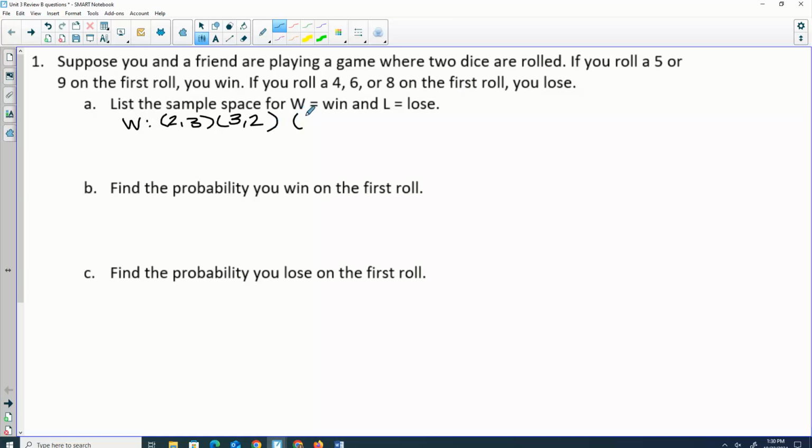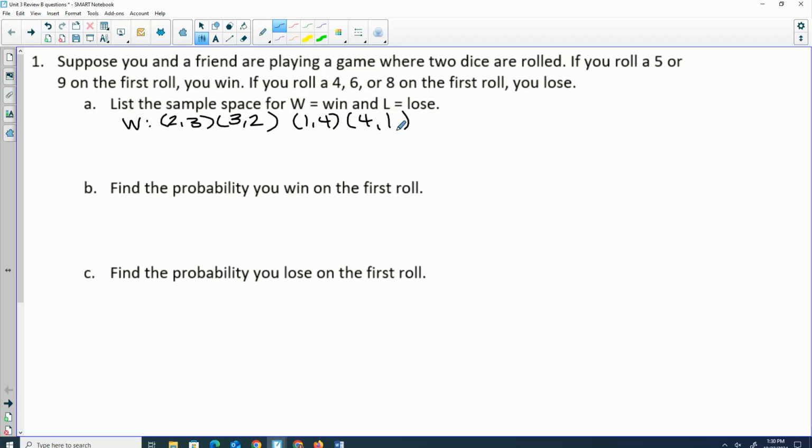We have a 1 and a 4, 4 and 1. Okay, so those are how I can get a 5.